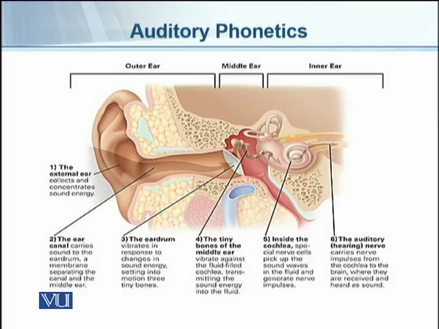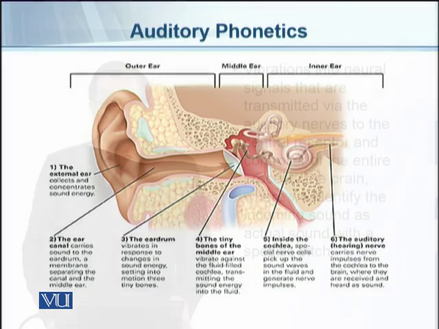Nerves carry the nerve impulses from the cochlea to the brain, where they are received and heard as sound. So this is the mechanism that takes place when we receive a sound message, human speech sound, and take it into the brain through this process.